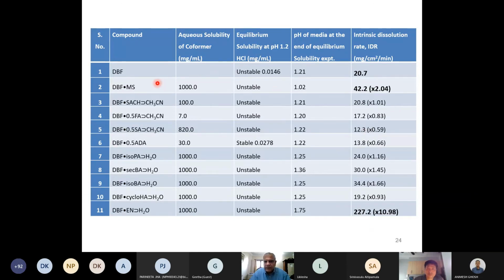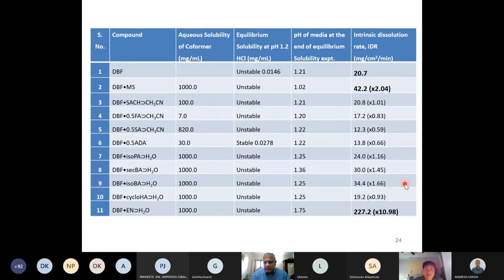And essentially the first row is dabrafenib, which shows the IDR rate as 27 milligram per centimeter cube per minute. So it's a dynamic rate. The mesylate is about double that value, 42. We just leave the rest of the rows.